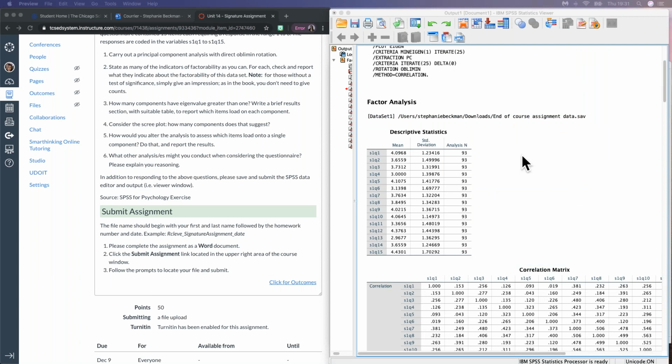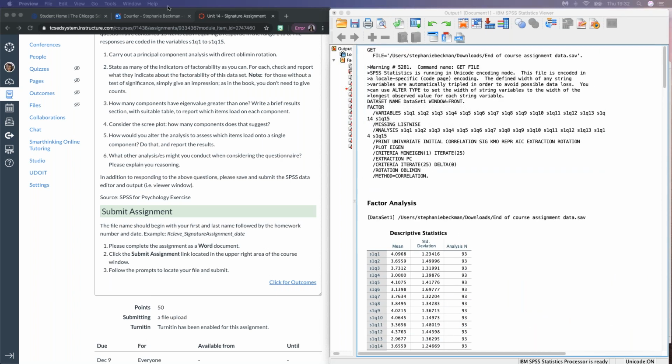Some of our tables are going to look exactly the same and some are going to look different. The way I worded it was, to determine which items load on a single component, the same example data set with 93 participants was reanalyzed by forcing a single factor analysis. So let me walk through those steps.